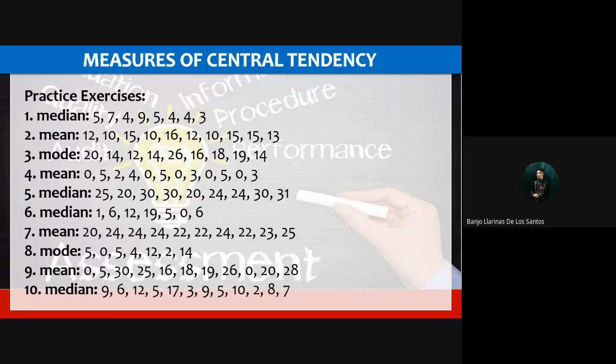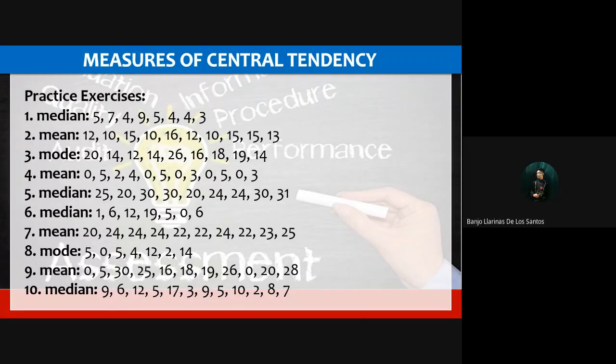Good morning po, sir. Number 1 po ay 4.5 po. Number 2 ay 12.8. Number 3 ay 14. Number 4 po ay 2.25.